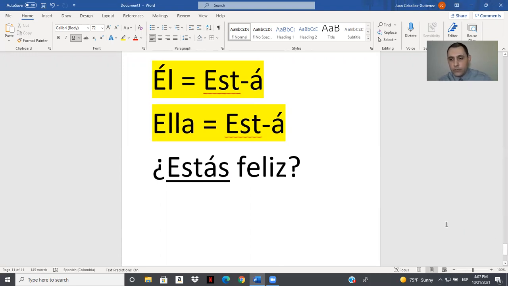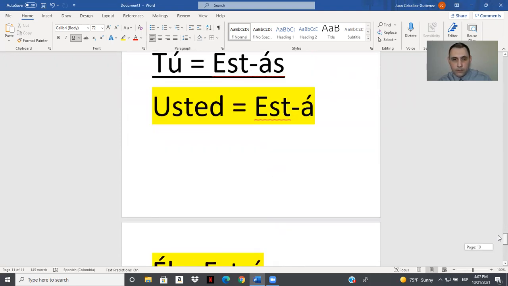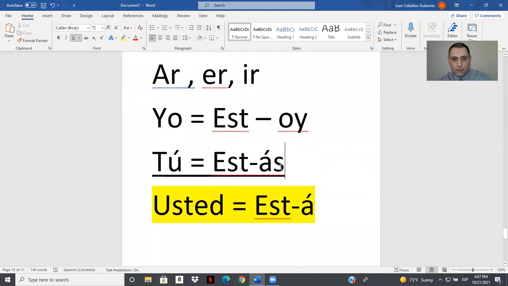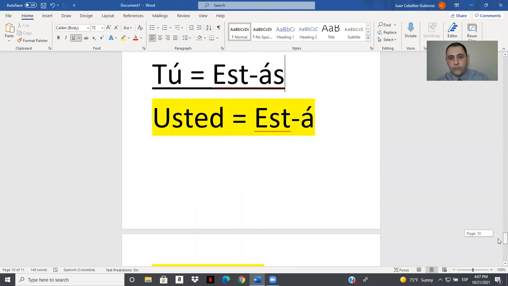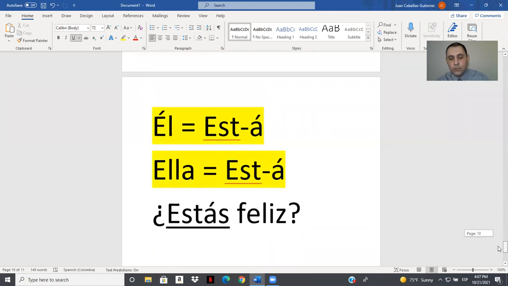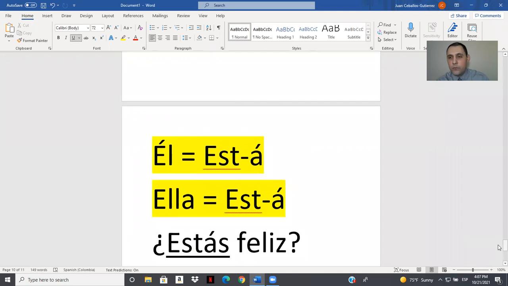Because if you notice here, estás is the only conjugation that ends in AS. All the other conjugations do not finish in AS. So when you use the verb estás, I will understand that you are talking to me in second person informal singular. You don't need to use the subject because I understand.